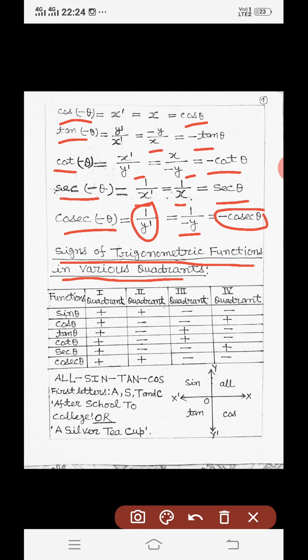All sin, tan, cos can be easily recalled by remembering that the first letters A, S, T and C are also the first letters of the phrase: after school to college, or a silver teacup, or all students take coffee.